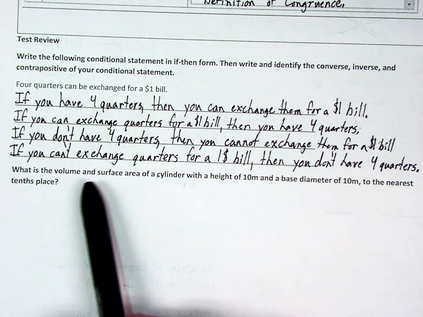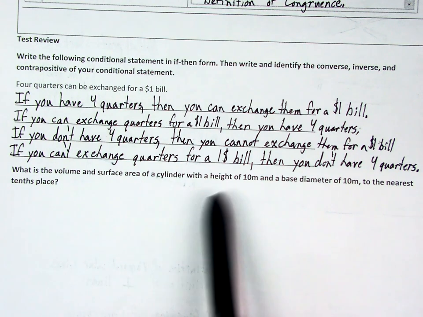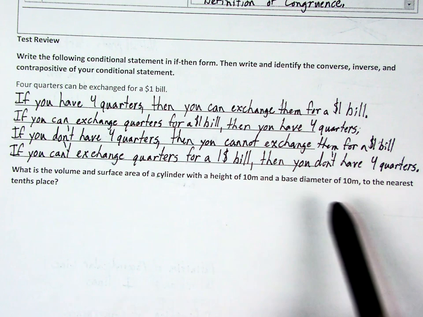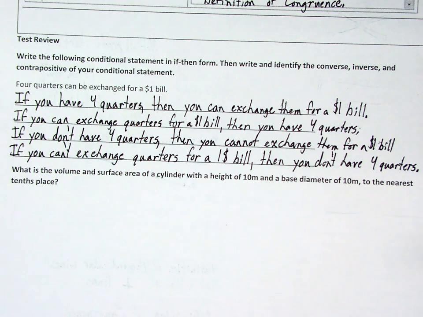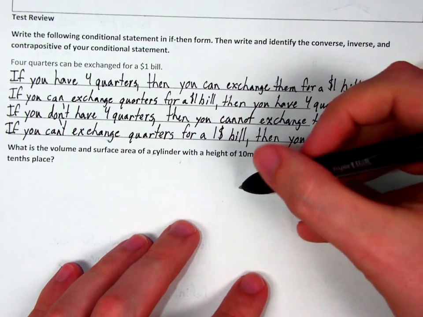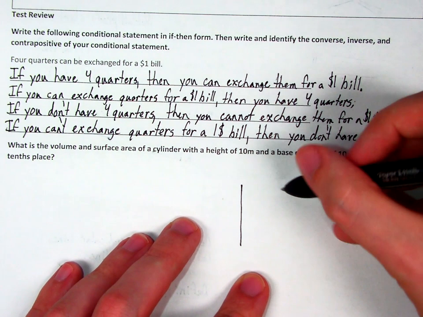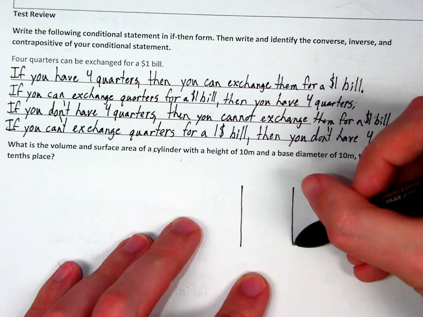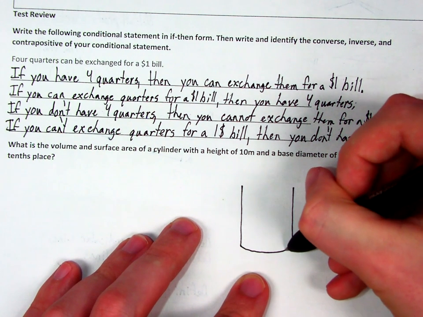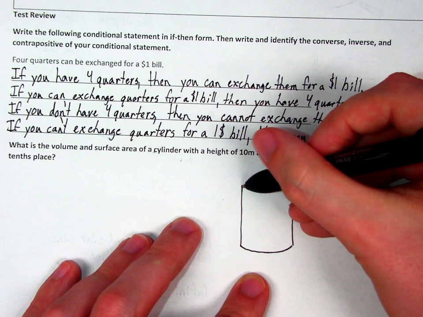Last, what is the volume and surface area of a cylinder with a height of 10 meters and a base diameter of 10 meters to the nearest tenth place? We'll draw a quick picture of this. Let's get our cylinder up and going.